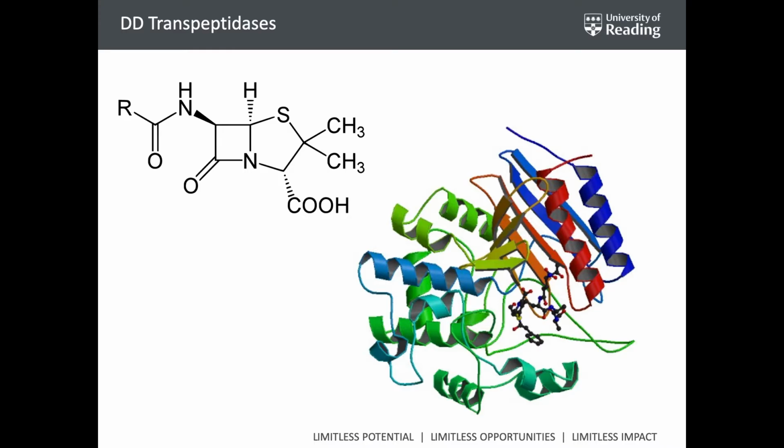And here in the active site, you can see a beta-lactam antibiotic bound to that active site. So we understand this in exquisite detail. We have angstrom resolution level images of what a beta-lactam antibiotic looks like when it's bound to a DD transpeptidase.